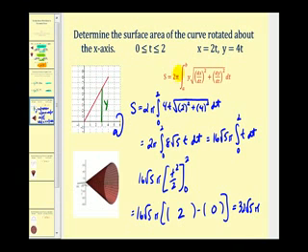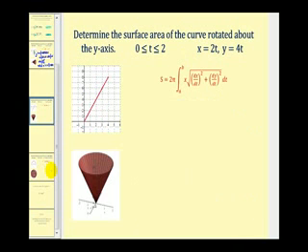Let's go and take a look at the same problem, but now rotated about the y-axis. So it's the same curve, the same interval, but now rotated about the y-axis. So now the distance from the axis of rotation to the curve is equal to x, as we see here in the formula. Let's go ahead and see if this affects the surface area.